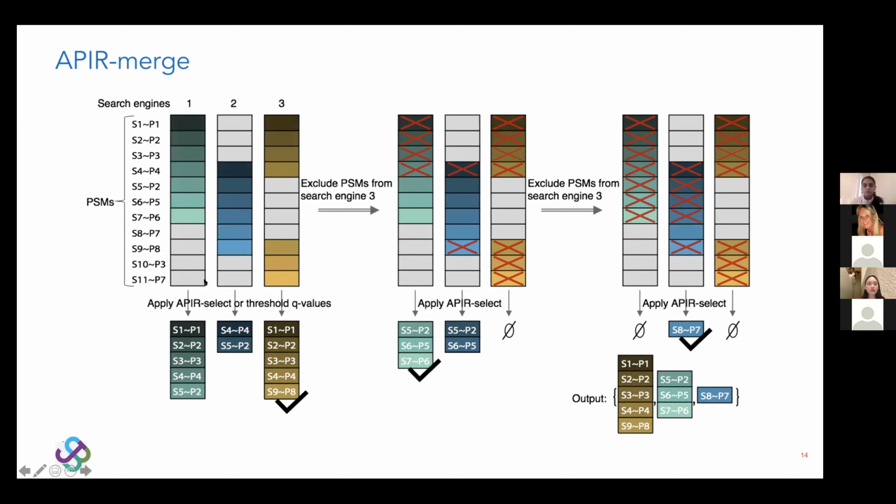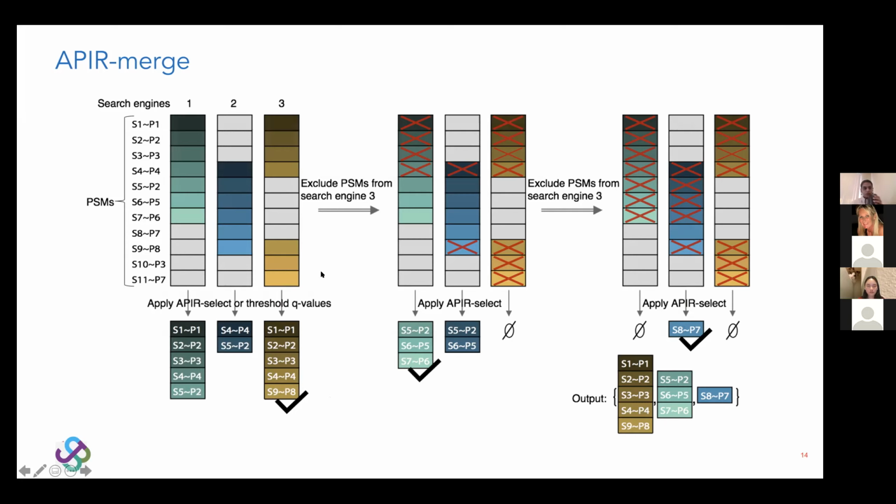So you see, even though from algorithm 1 we have identified five PSMs as well, S2 and S5 are matched to the same peptides. While from algorithm 3, we have identified distinct peptides. So we will pick this set as the first output.